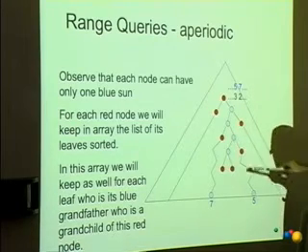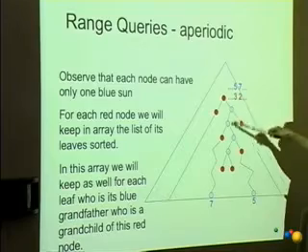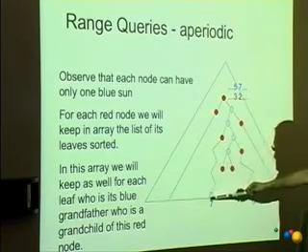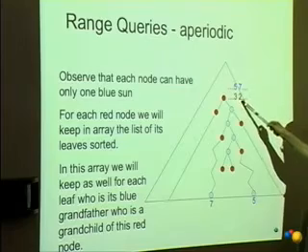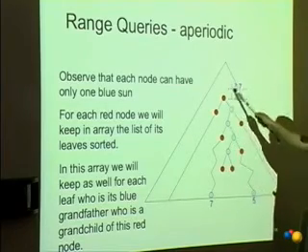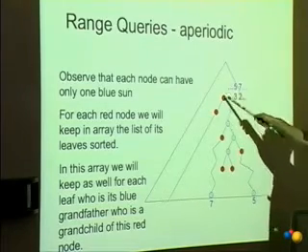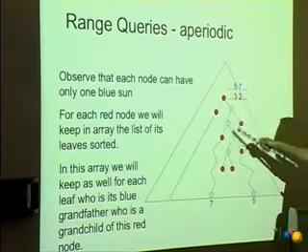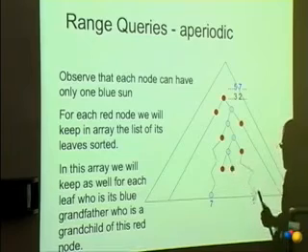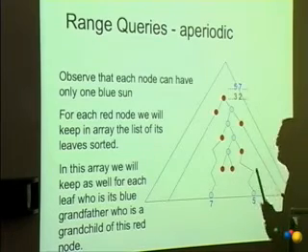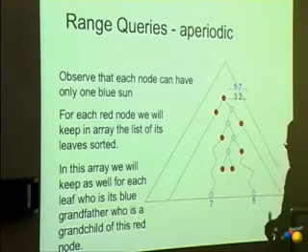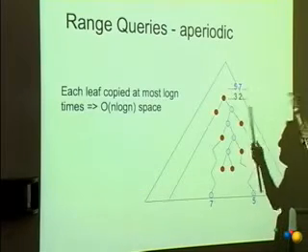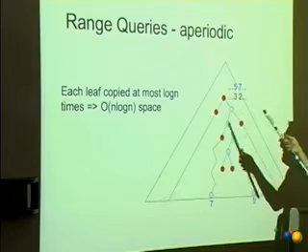Then the 5 here has 3, and this leaf 7 leaves after 1, 2 nodes, so I write here 2. For each leaf that I store for this red node, I will have a number for where the leaf leaves this path. Then, as I said before, each leaf is copied log n times, and it's O of n log n space.